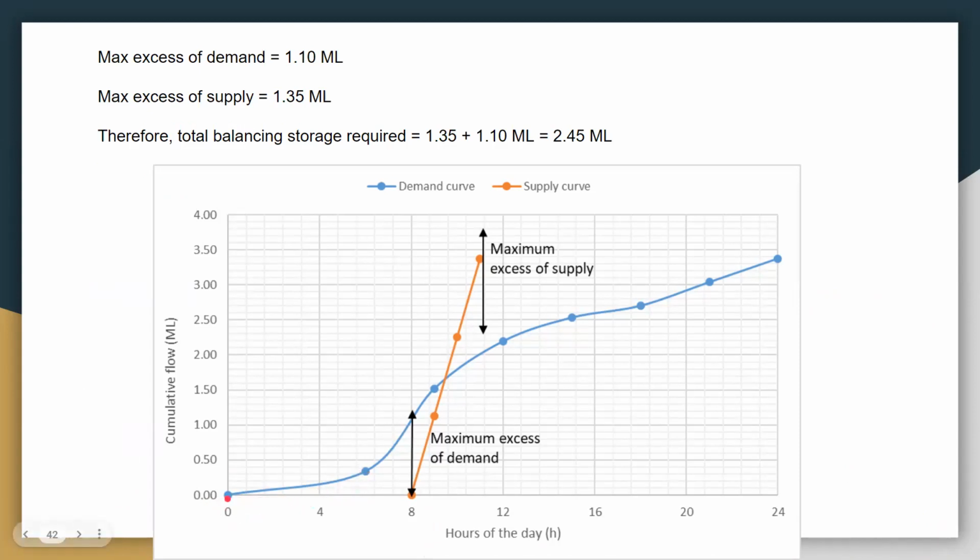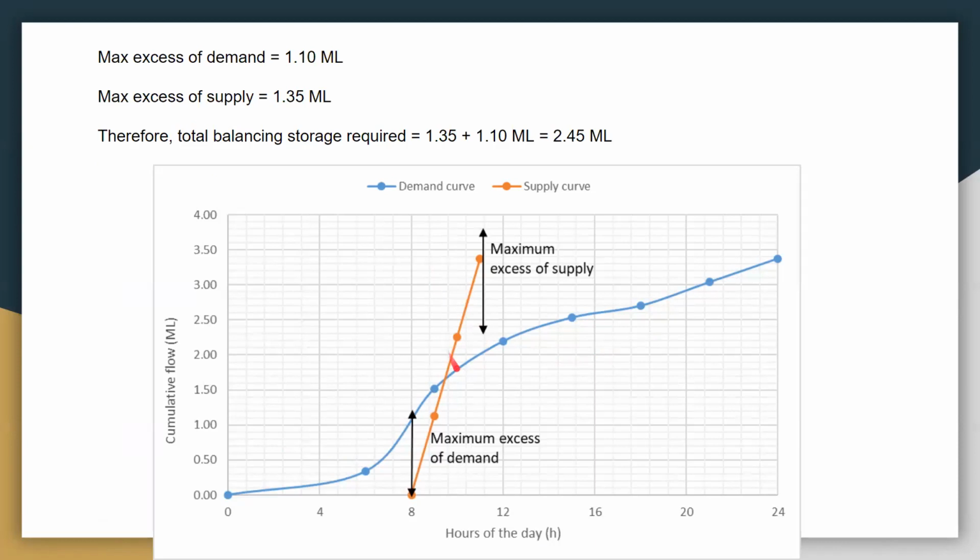At 12 a.m. the water requirement is zero. At 6 a.m. it is going to be 0.3375. Again 6 a.m. to 9 a.m. it is going to be 1.5 something. And from 9 a.m. to 12 p.m. it is going to be 2 point something. So this is the demand curve that is being plotted.